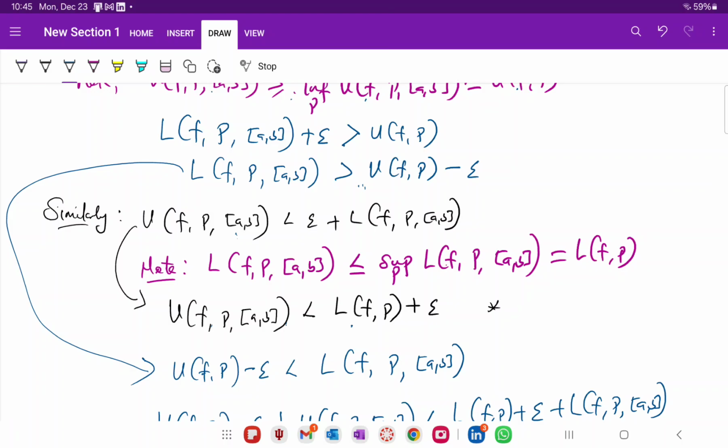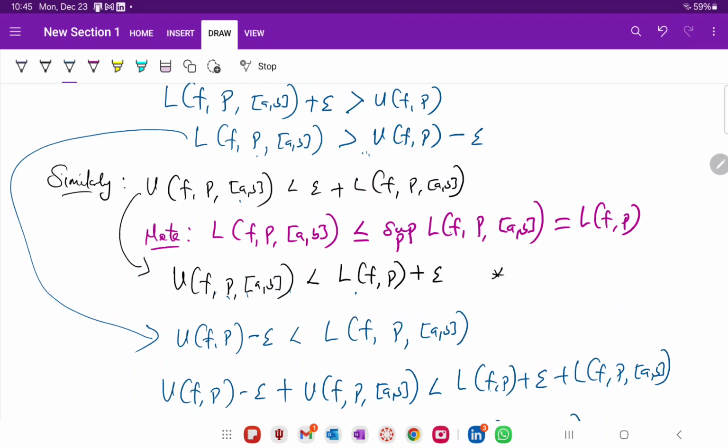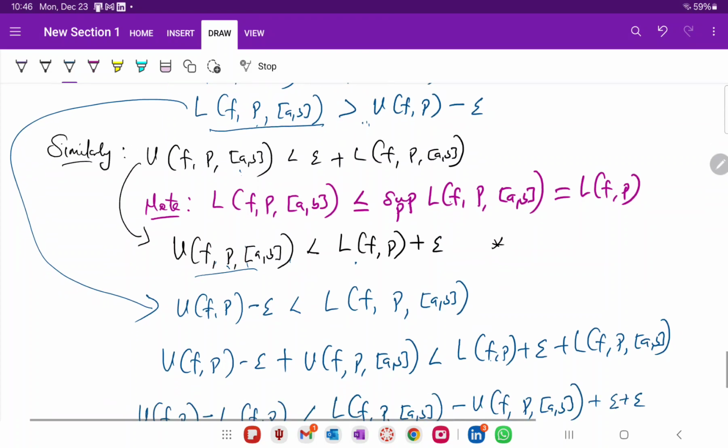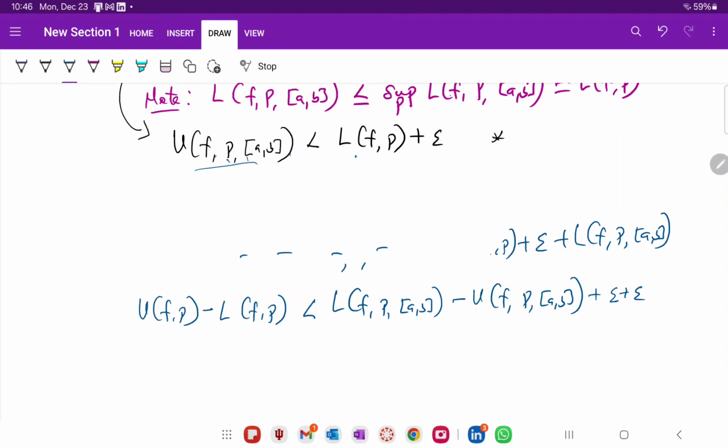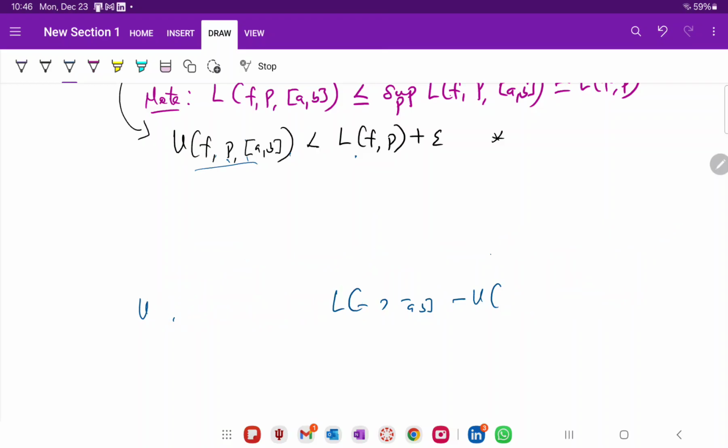Then we add up these two. So we have of those two, this and this. Okay, so let's remove this. Then we can just write out what we have.